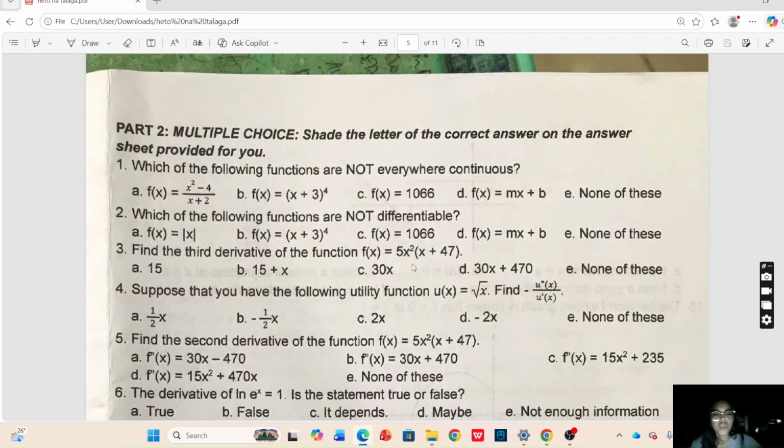So for the second question, the question states: which of the following functions are not differentiable? And the correct answer again is letter A. This is correct because the absolute value function has a sharp corner at 0. Differentiability requires a smooth curve with no corners or cusps.